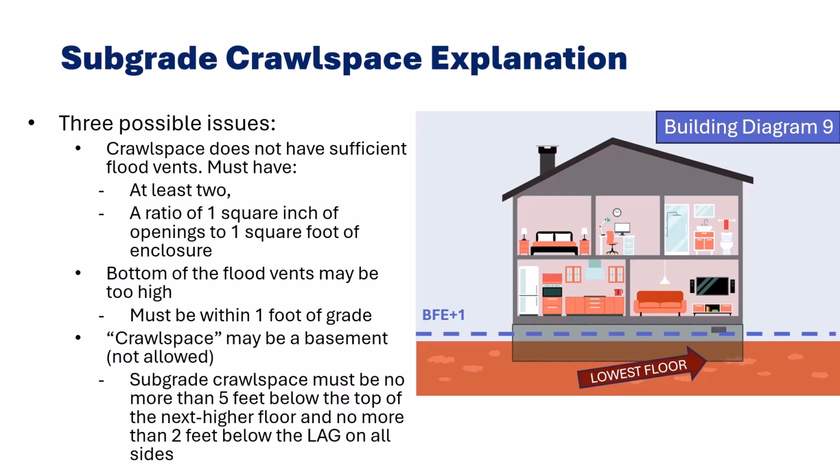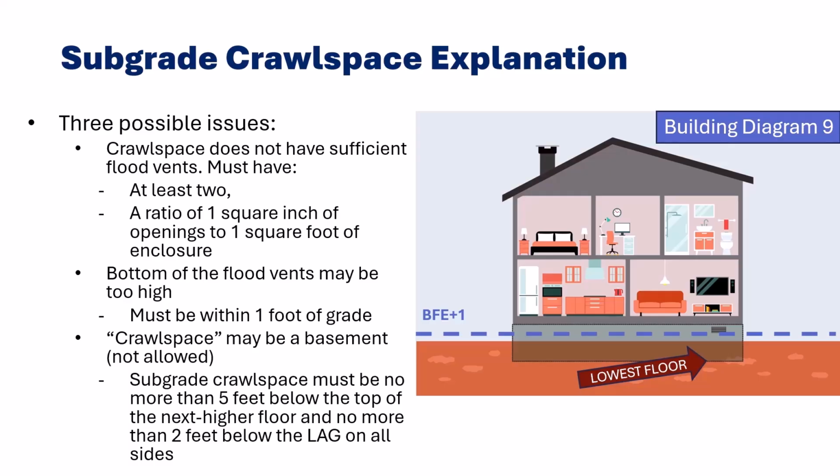Finally, for that subgrade crawlspace, or building diagram 9, a community must have language in their ordinance or resolution that specifically allows these diagram 9 buildings in order to avoid them being violations. They must meet the information in Technical Bulletin 11 that says that subgrade crawlspace must be no more than 5 feet between the bottom floor of the crawlspace and the next higher floor.